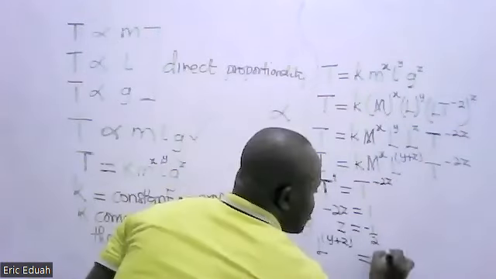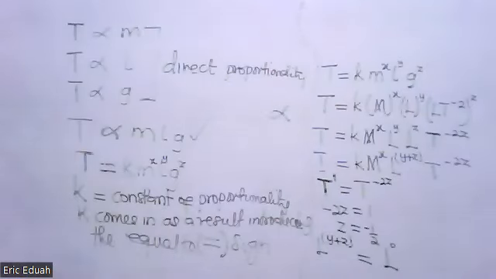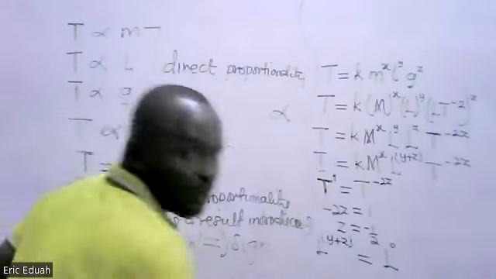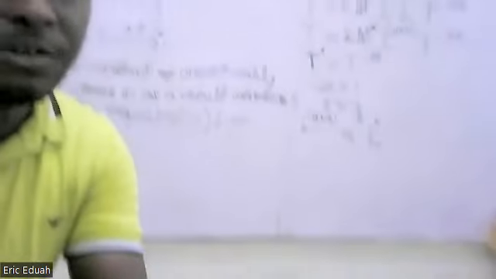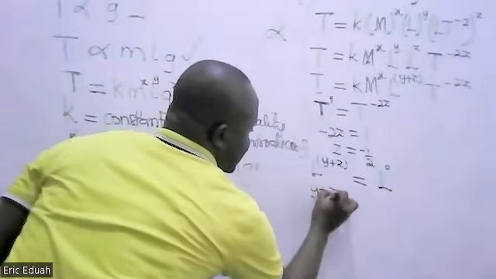So this is L to the power 0, because L to the power 0 is actually 1. And so we could deduce from here that y plus z is equal to 0.